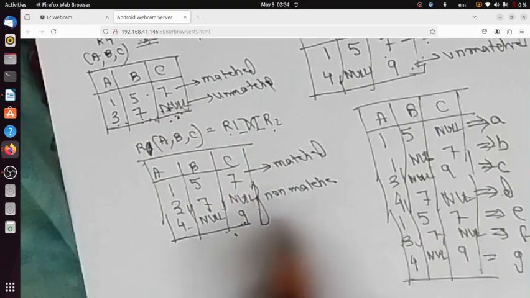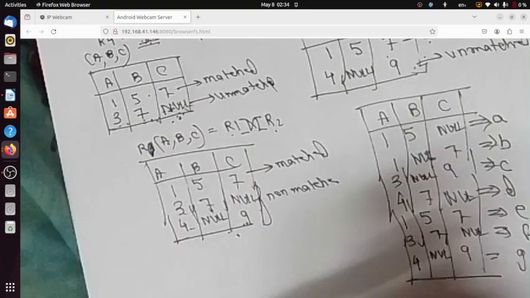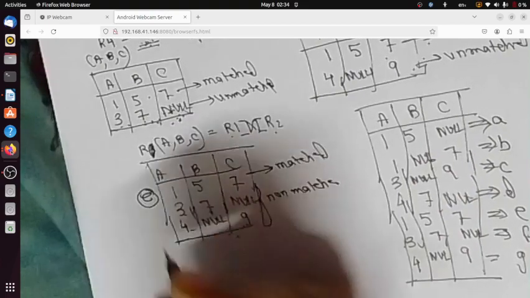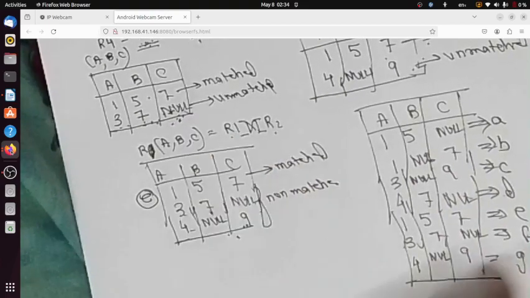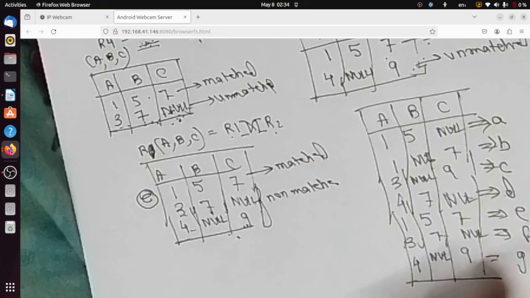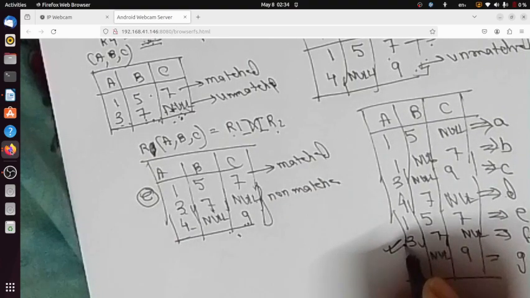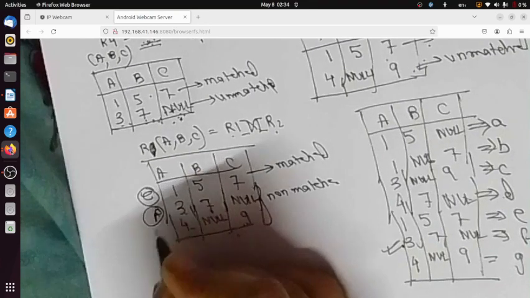One tuple is 1, 5, 7, that is E, which comes in the output relation. Another is 3, 7, null, which is F, also in the output relation.